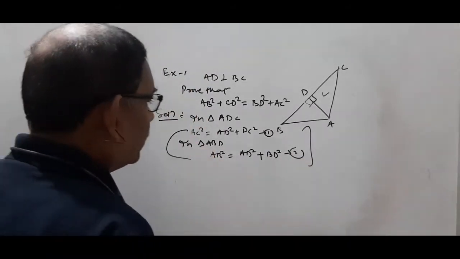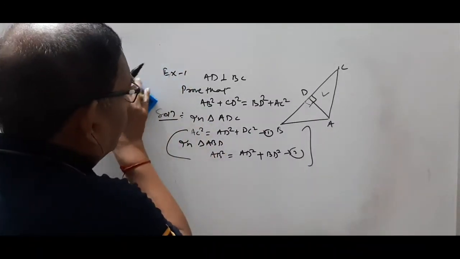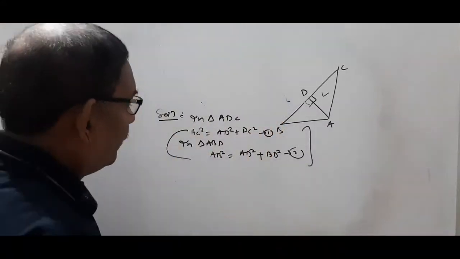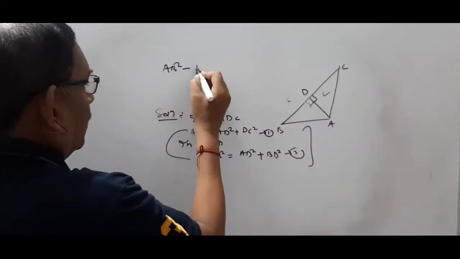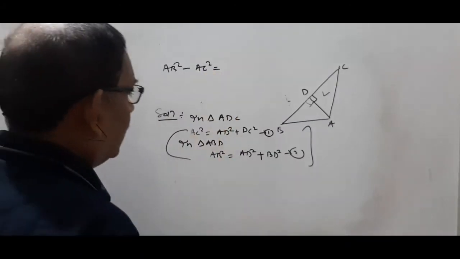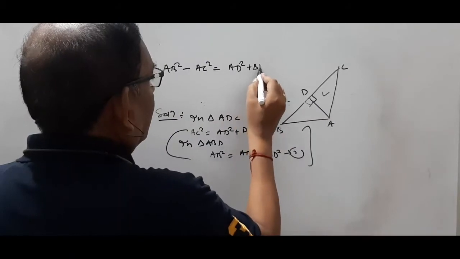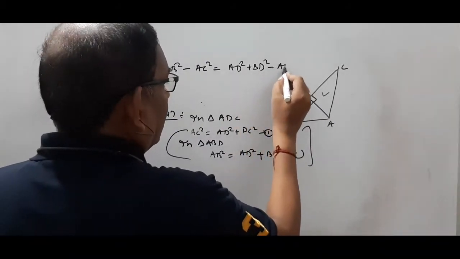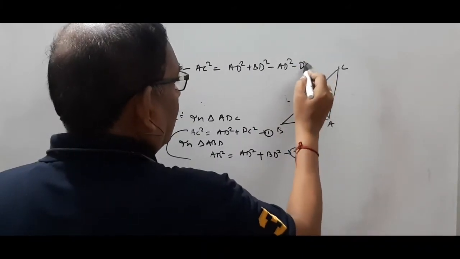Now subtracting equation 1 from 2. So AB square minus AC square equal to AD square plus BD square minus AD square minus DC square.